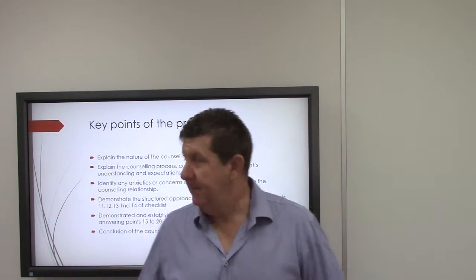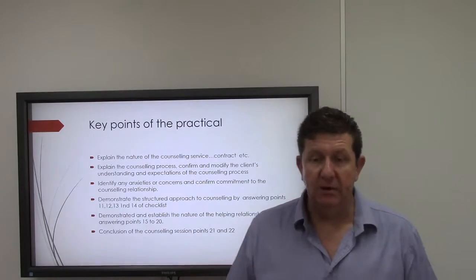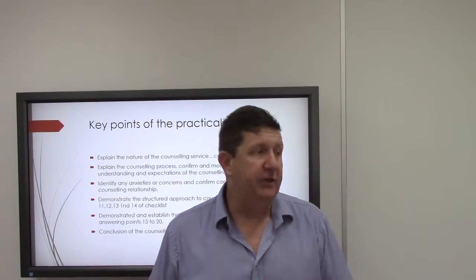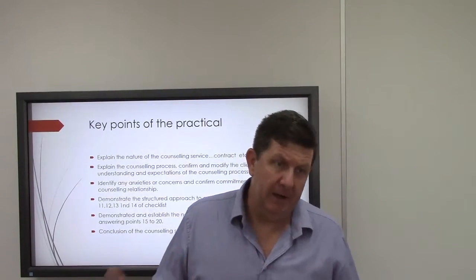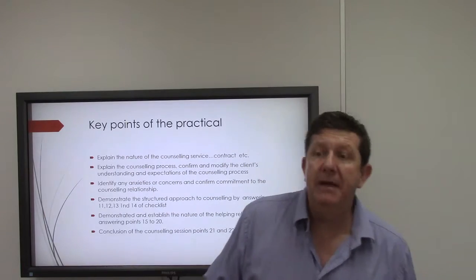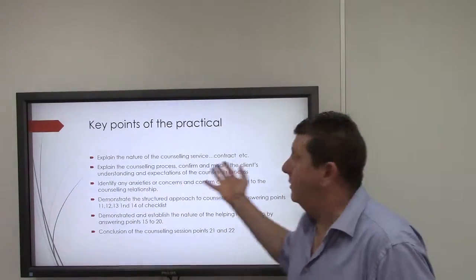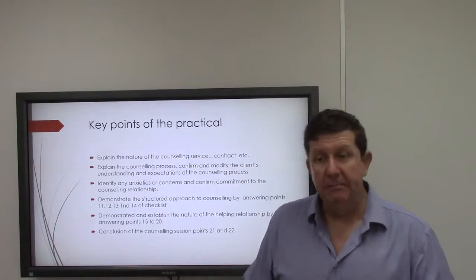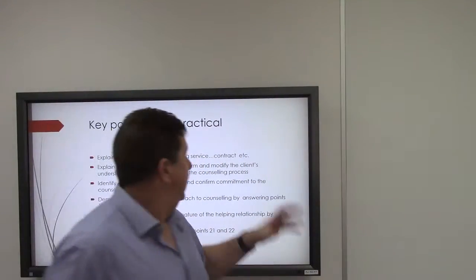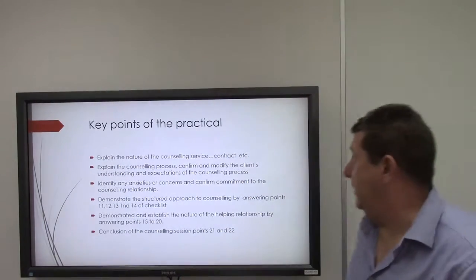We also explain the contract. What does it entail? Counselling sessions are an hour each. They cost about $120 an hour. How do you cancel them? That sort of stuff is in the contract. So in the practical, you explain to your client exactly what it is, and you work through the contract.